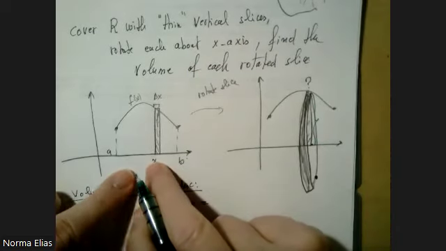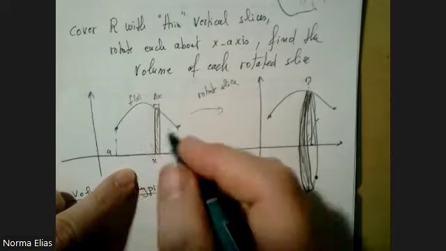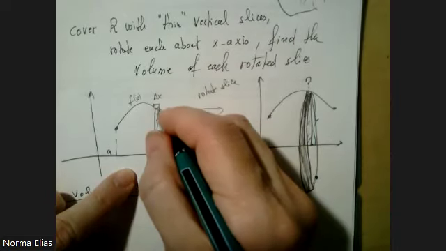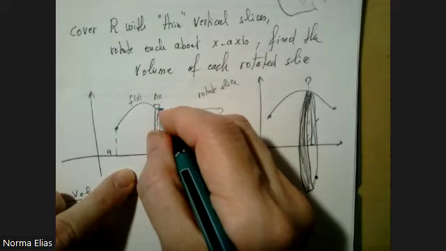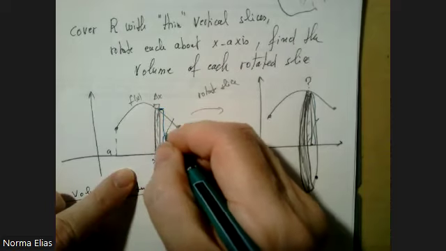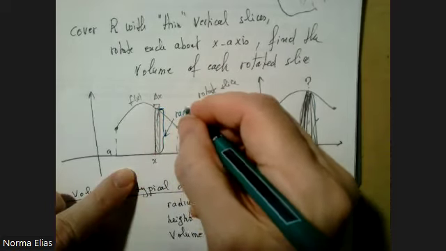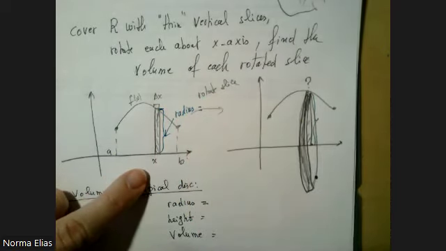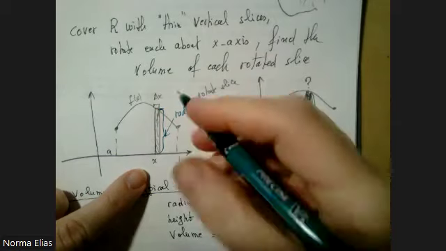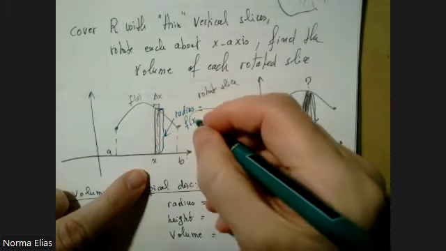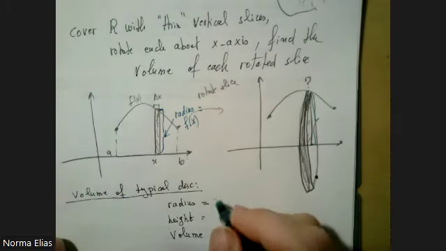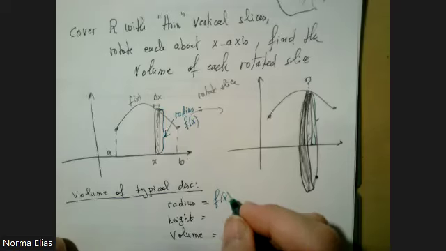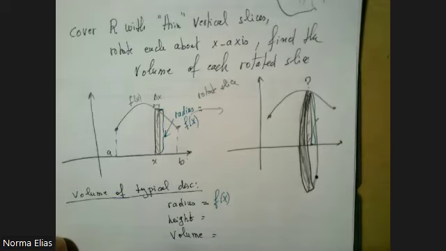So on this picture, where is the radius? That's why I keep this not rotated to label it. The radius is going to be from here all the way to here. That's the radius. So the radius is equal to what in this problem? f of xi. Exactly, f of xi, 100% correct. That's going to be my radius. That's the radius of the cylinder.